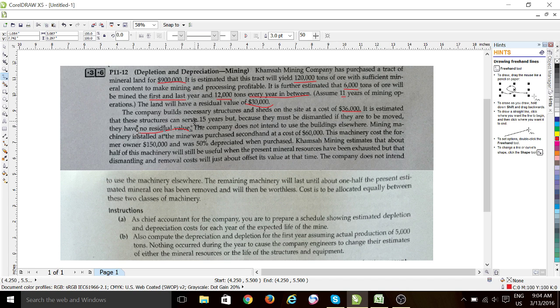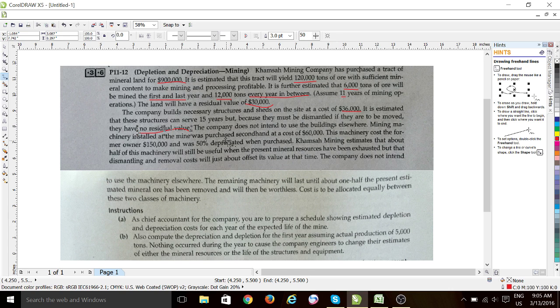And then it can serve 15 years, but because the company will only use it for 11 years of useful life, because the mining can only be useful for 11 years, so instead of a 15-year useful life, we are going to use 11 years for this building.